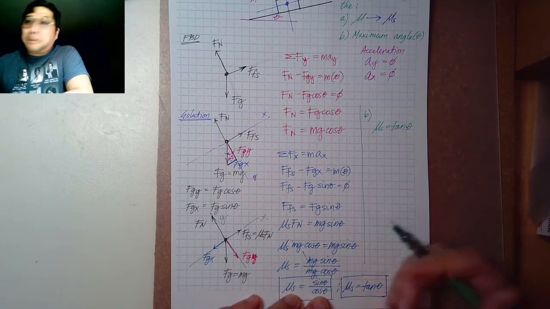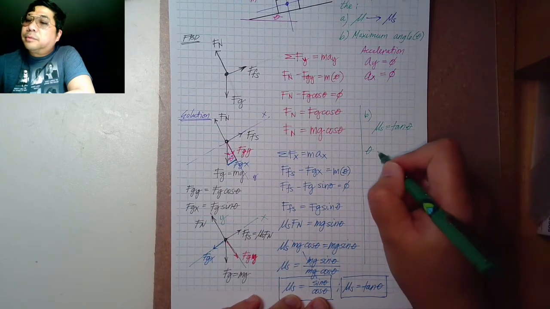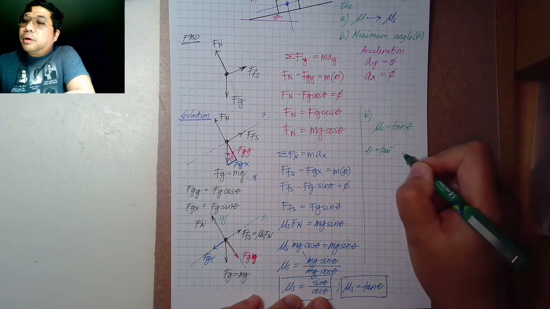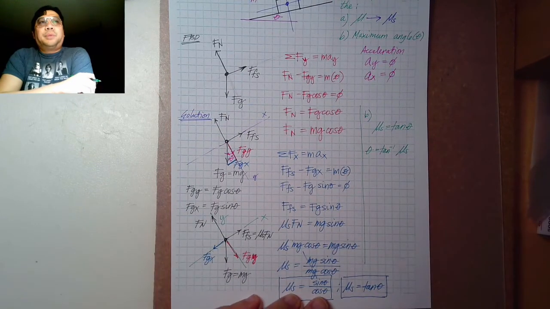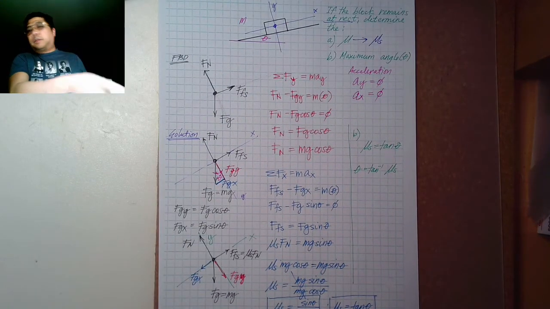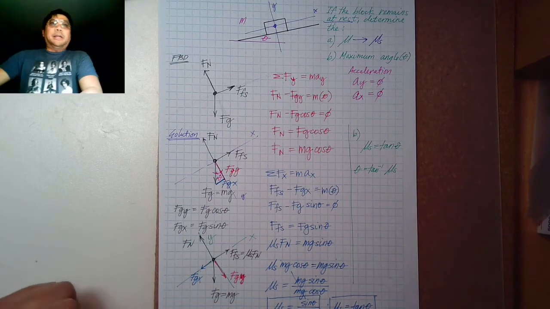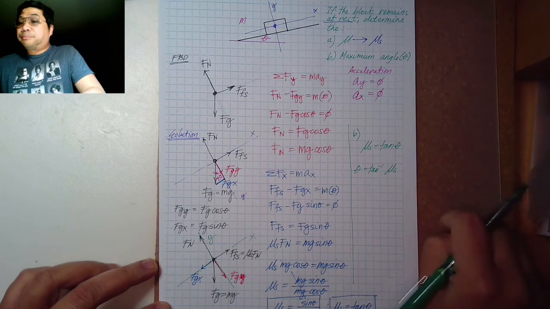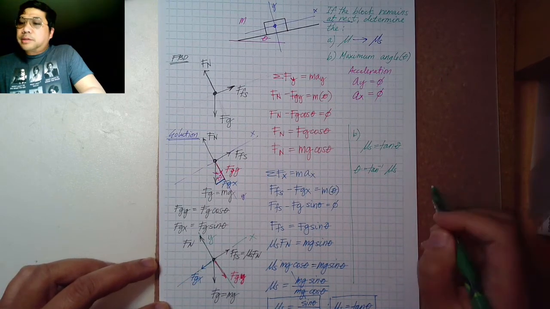How would you get theta? This is simply the arctangent of the coefficient of friction. So as mentioned in this solution, the angle theta is arctangent of mu s.